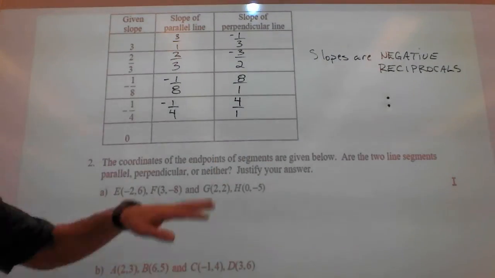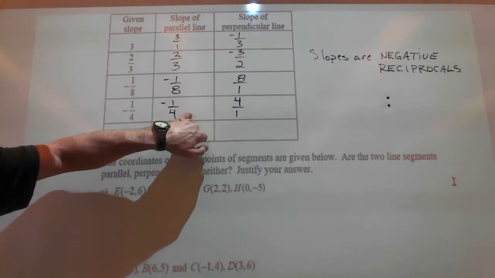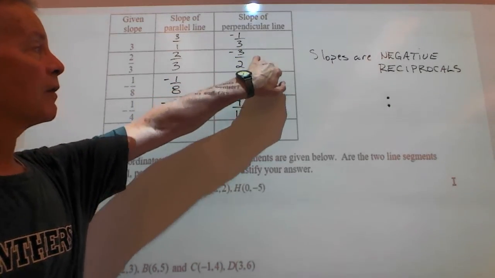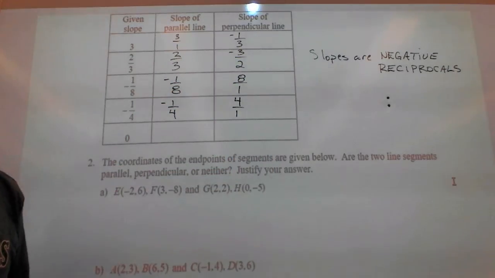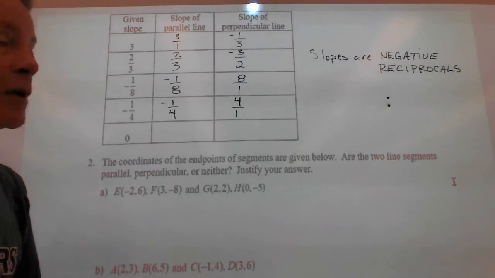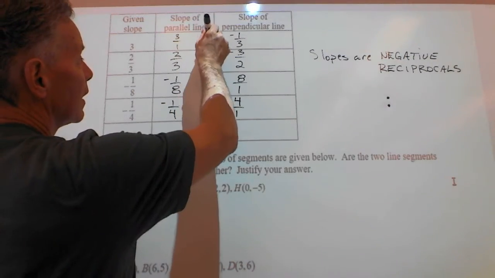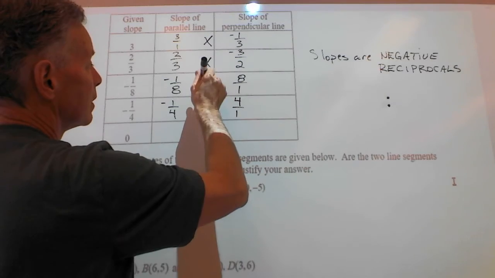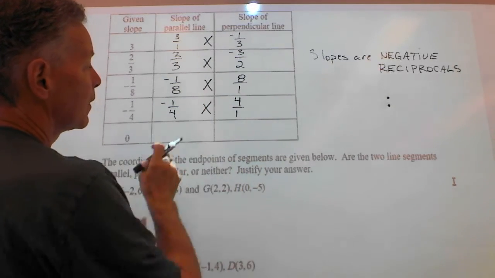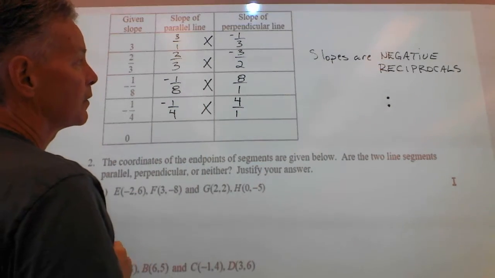Now, so we have a whole bunch of slopes here and a whole bunch of slopes of perpendicular lines here. Now look what happens when we multiply the slopes of perpendicular lines.